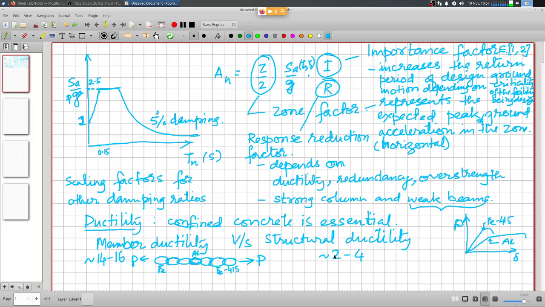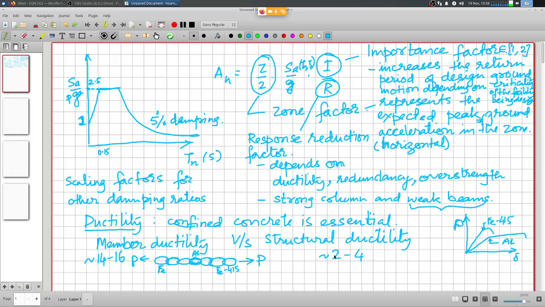You may look at a single beam with confined concrete and very well detailed, and perform the analysis and the experiments, and you will find that it is a very, very highly ductile system, and then you say it should be able to do well. But the problem is, when the earthquake strikes, it does not look at an individual member.